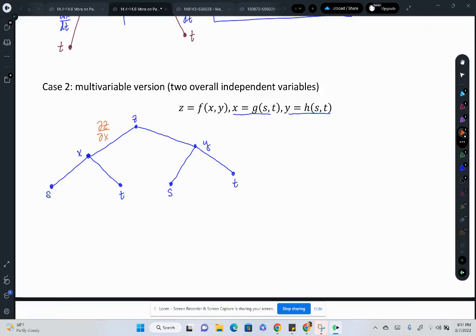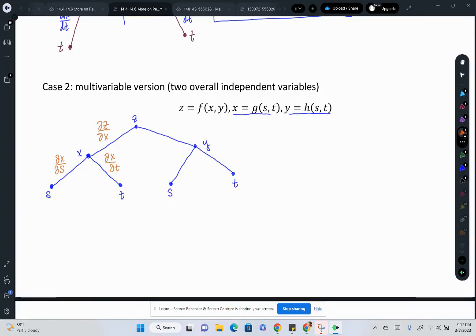Now, if I wanted to find the derivative of x with respect to s, I would have to actually be taking a partial derivative because x is a function of s and t. So that would be ∂x/∂s. And on the flip side, if I wanted the derivative of x with respect to t, that would be ∂x/∂t.